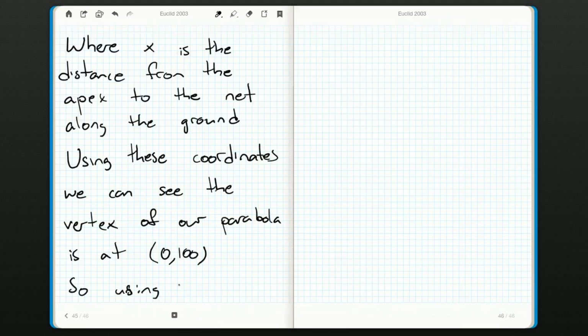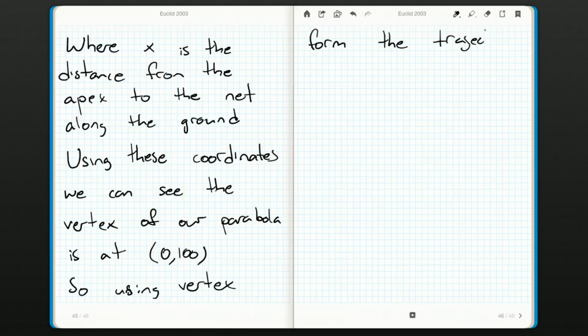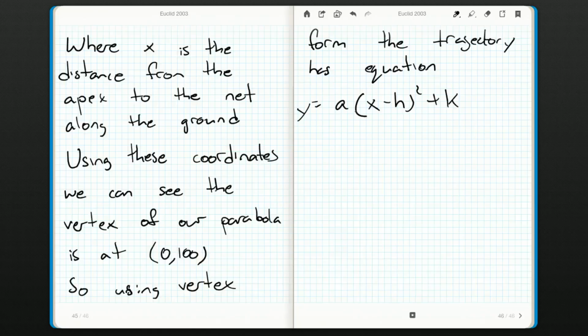So if we use vertex form of a parabola, the trajectory has equation, well, vertex form looks like a(x minus h) squared plus k, where (h, k) are the x and y coordinates of the vertex, and a is an appropriate scaling factor.